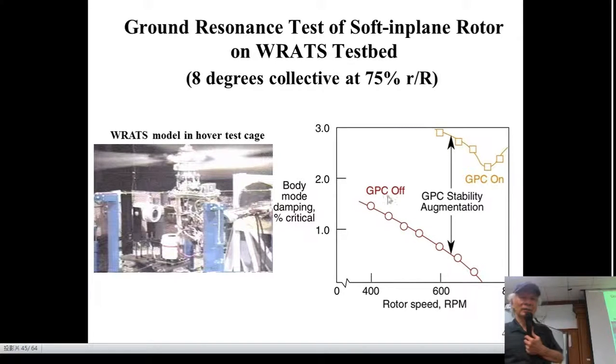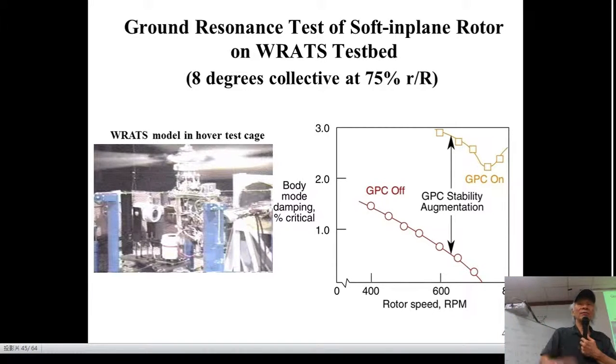So, on the right hand side here, this shows you why they become unstable. If this is your rotor speed, when your rotor speed goes from 0, 400, 600 to 650, there's one eigenvalue of the system.